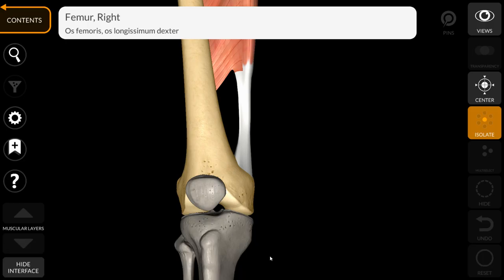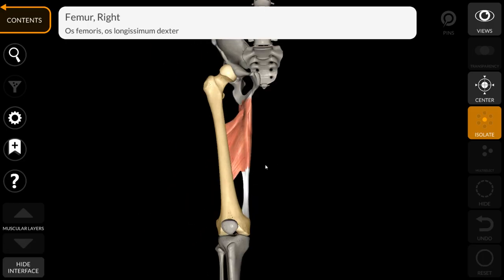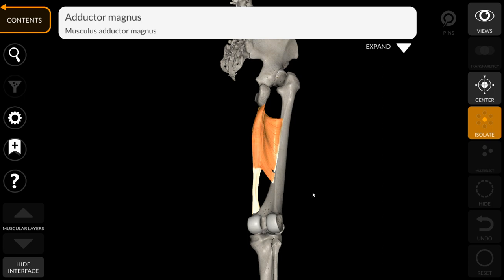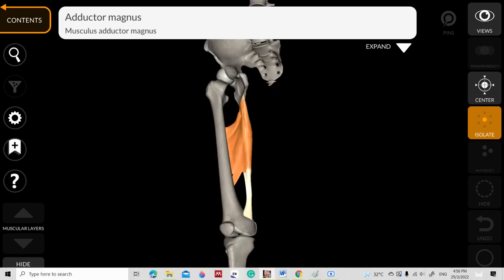Back to this diagram, this is your pubofemoral part, and this is your ischiocondylar part, class.